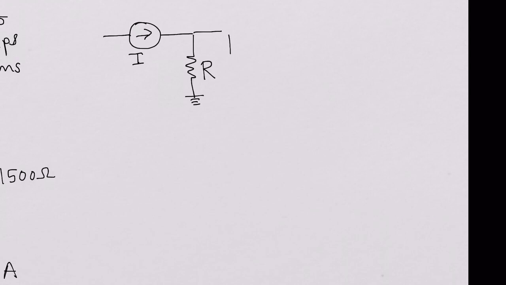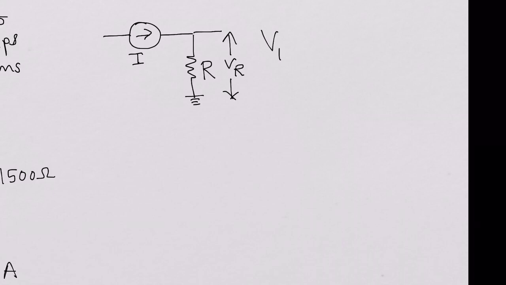And then the other way of explaining a resistance is you can have a different kind of circuit where you actually have a current source forcing a current into the resistor R. So you're forcing a current I into a resistor R. Now we look at the voltage developed across this resistor, VR.